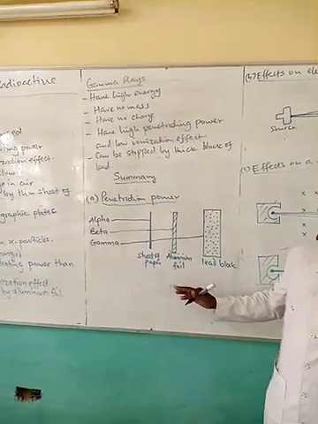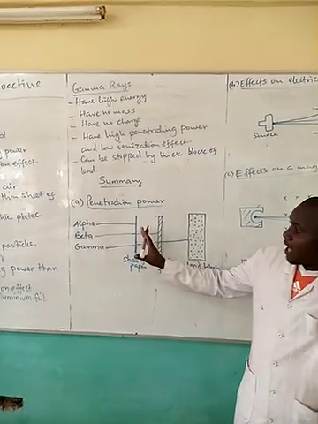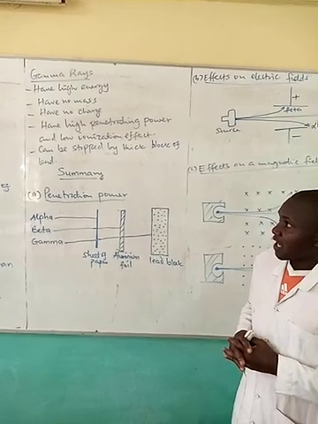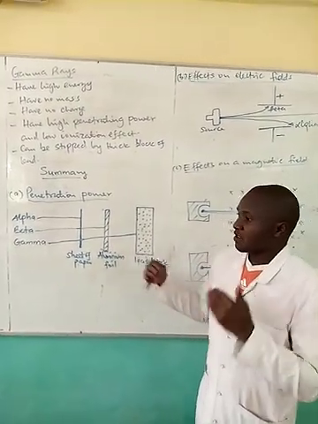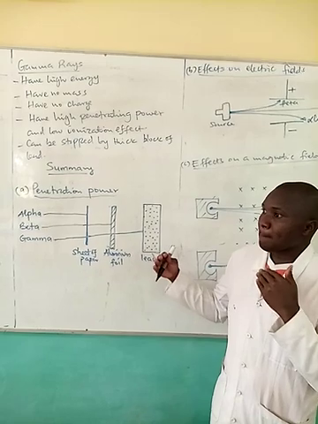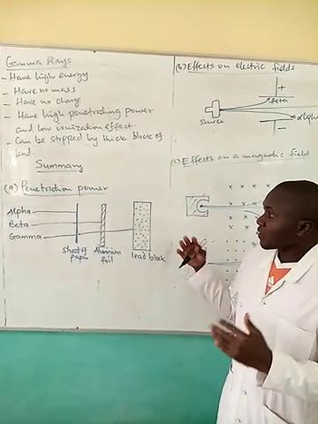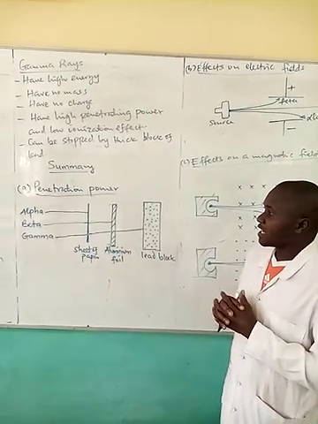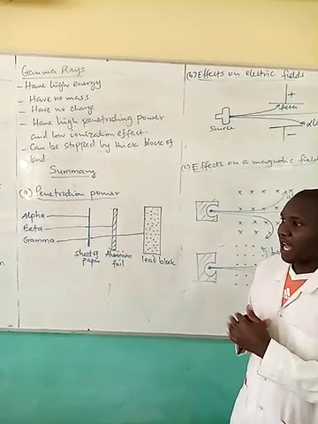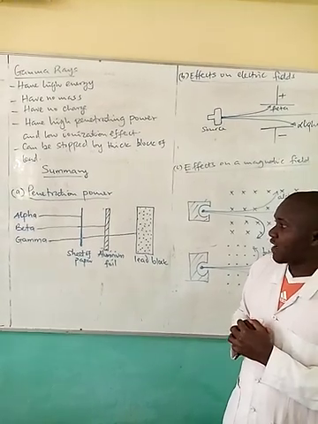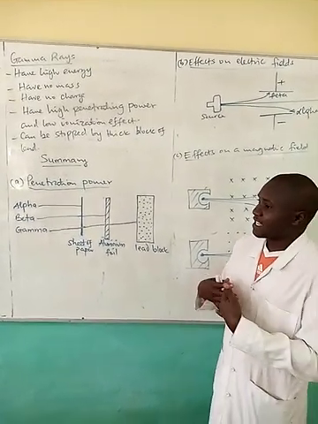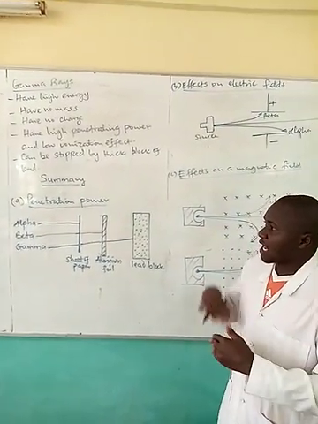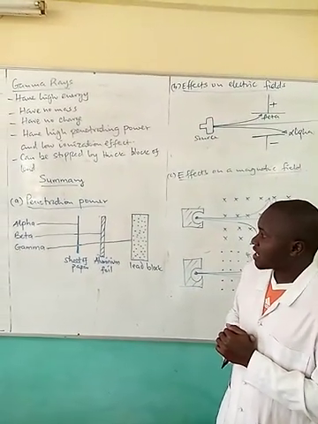Now, one thing we are seeing is that the penetration power depends on the energy, and this penetration power is the converse of what we have in ionization. So the more energetic particles will always have lower ionization effect, but less energetic particles, those that have less penetrating power, will have more ionization effect.